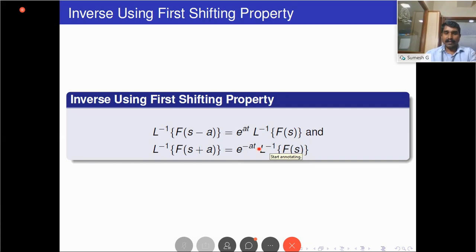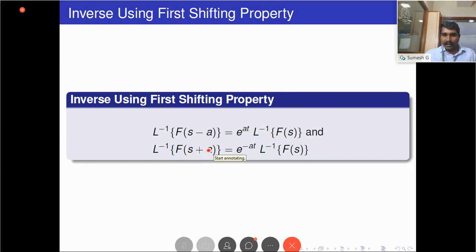That is, if a function is of the form f of s minus a or f of s plus a, we have to use the concept of inverse using the first shifting property. To eliminate the effect of minus a, if the function is f of s minus a, then to find the inverse we have to multiply by e raised to at.